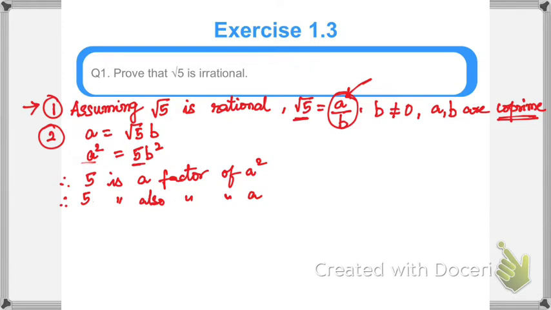So now, in the third step, you can write it as a is equals to 5 into, since 5 is a factor of a. So for writing the factors of a, you will definitely get 5, and along with 5 we will get one more number or few more numbers, and those numbers we are considering as c.